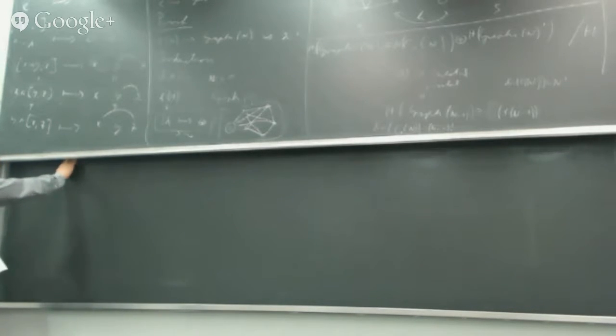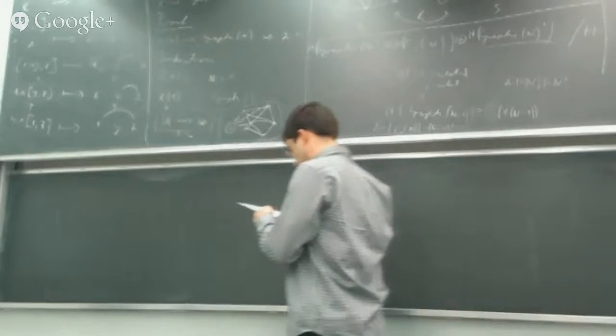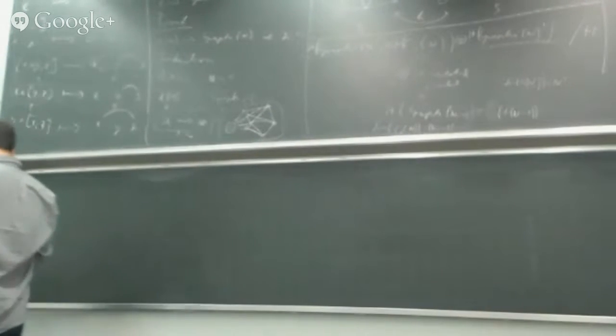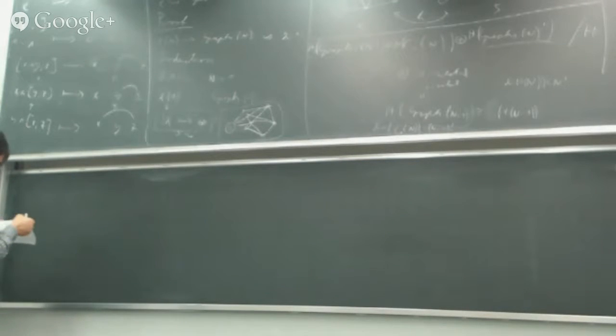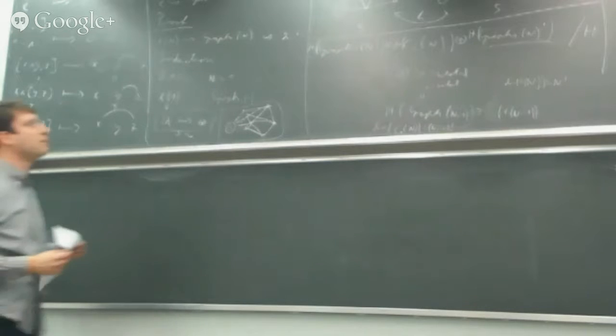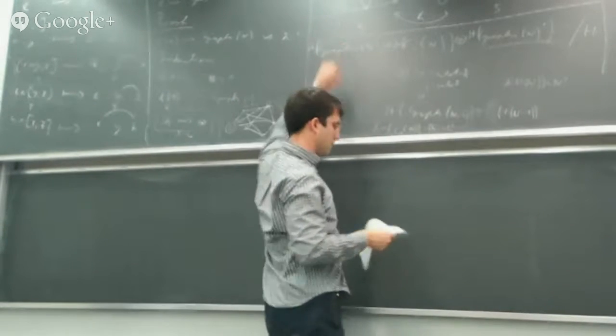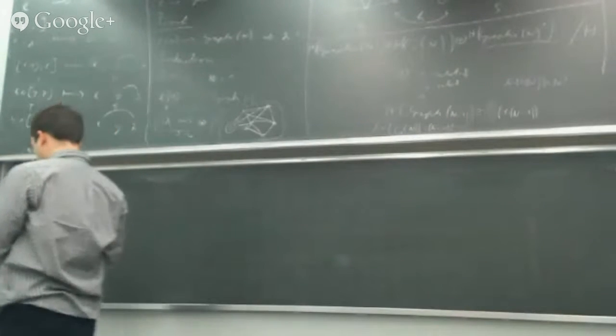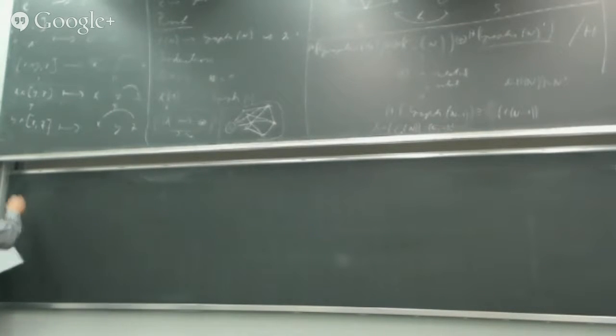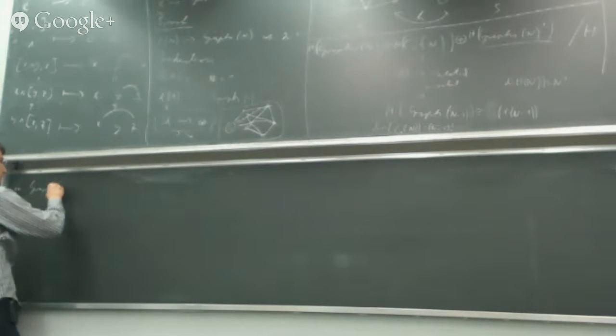Okay, so I'm working now with this part. And I make a spectral sequence again, similar to this one. Spectral sequence on graphs prime, n.